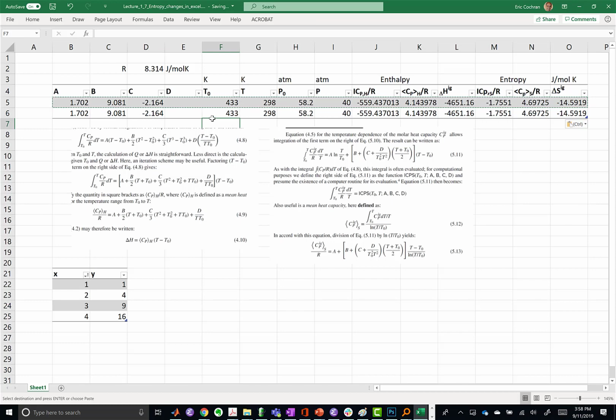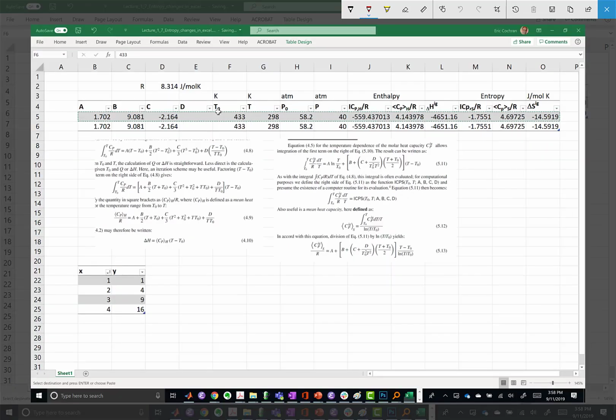So the next state change I want to do is I want to take, again, I want to take methane, and I want to start at 298 K, and I want to start at, let's see what I have written down here, 10 atmospheres, and I want to go to a final temperature of 298 K.